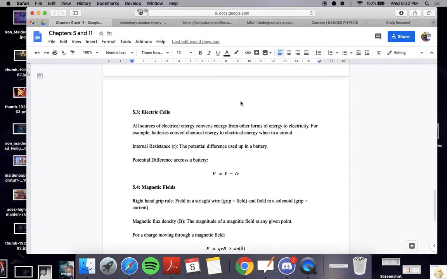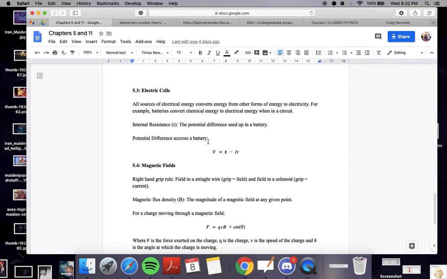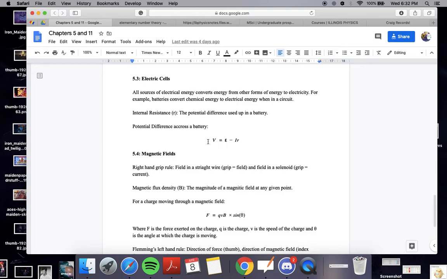Now on to electric cells, which is fairly short. The first thing you need to know about an electric cell is that any kind of electric cell converts energy from one type of energy to another form of energy.